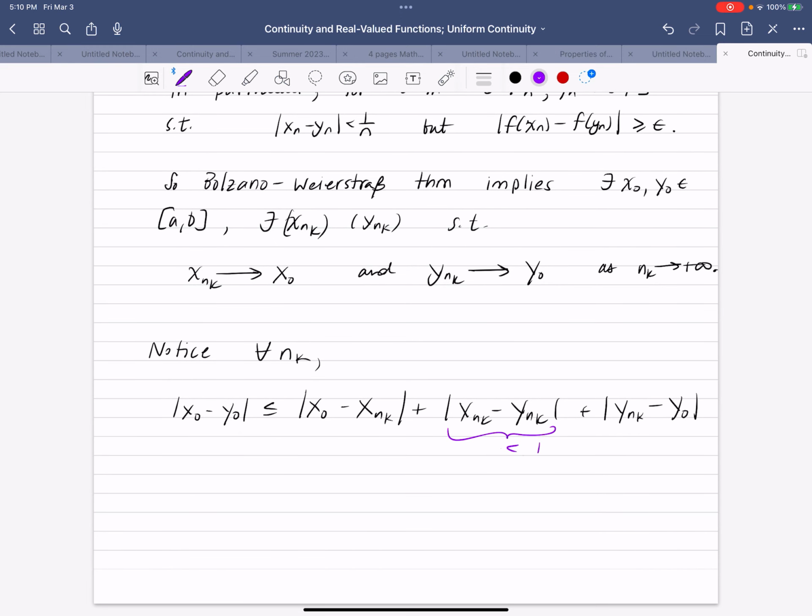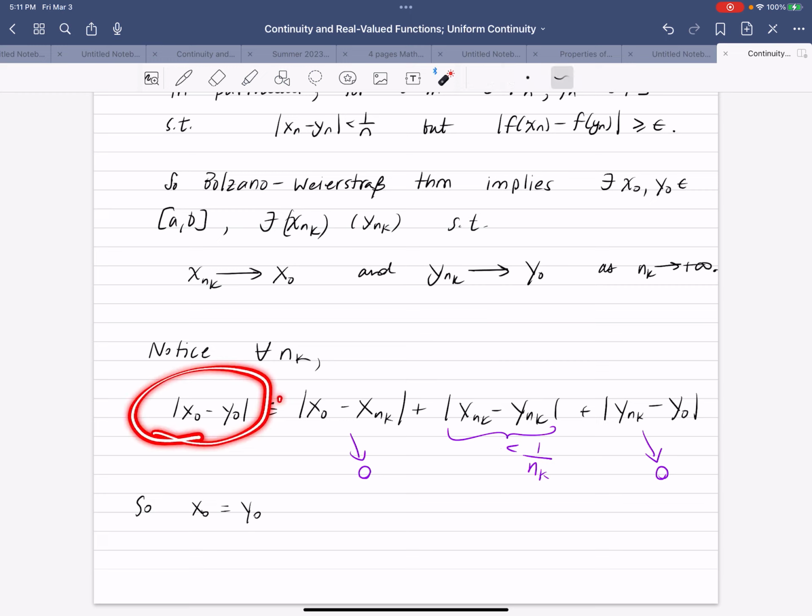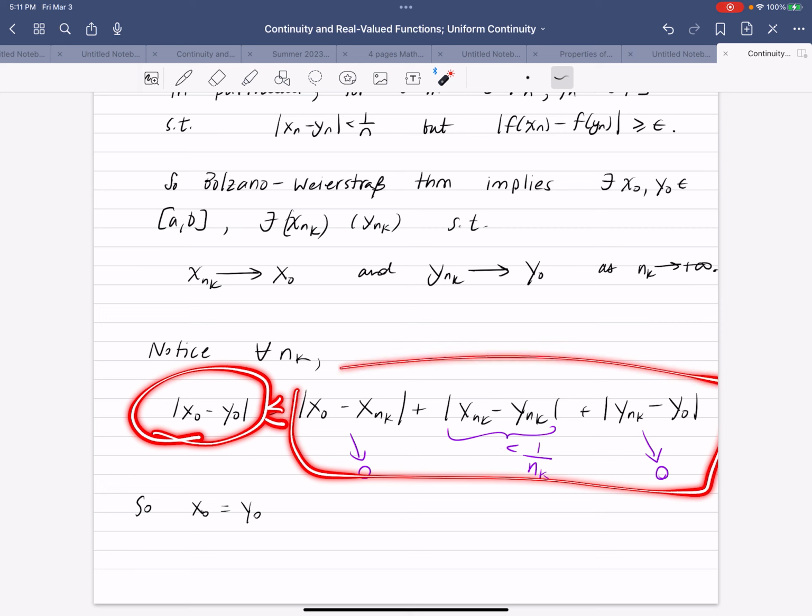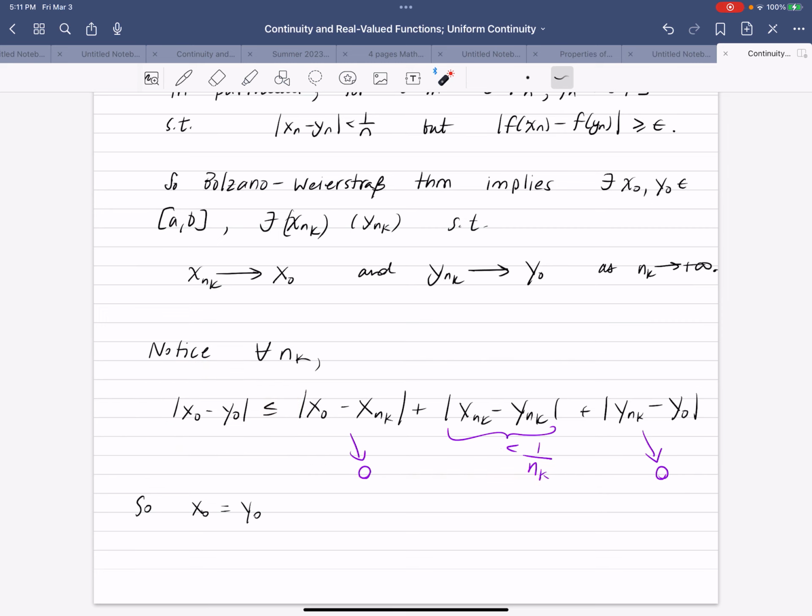This is less than 1 over n sub k. This is going to 0, and this is going to 0. So it must be that x naught is equal to y naught, because I can get this distance less than or equal to something that's arbitrarily small. Okay?